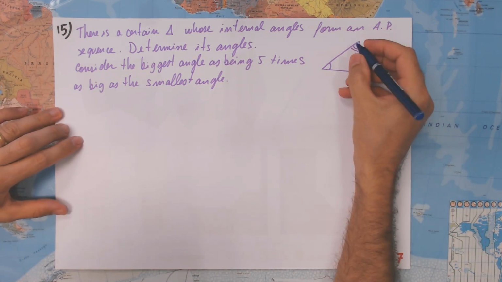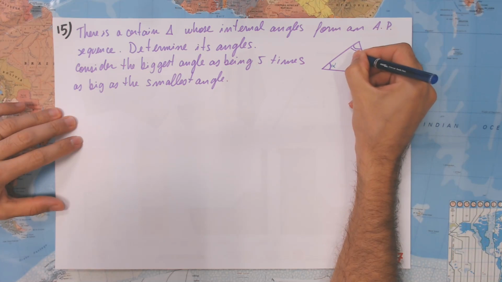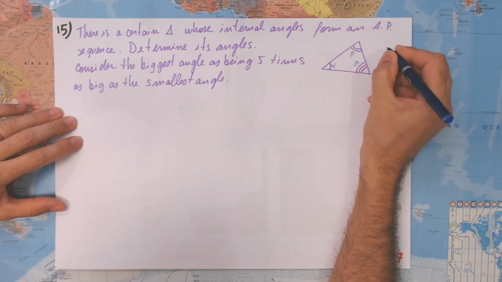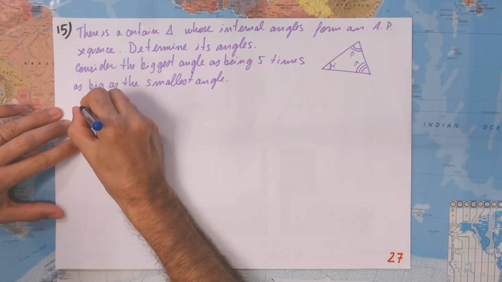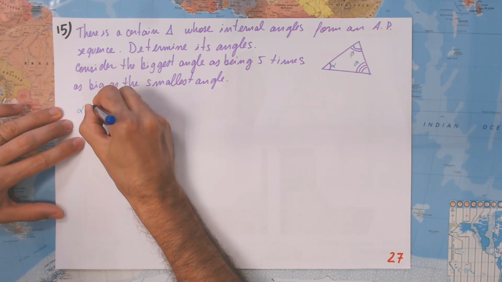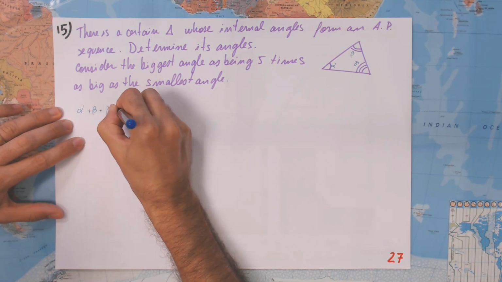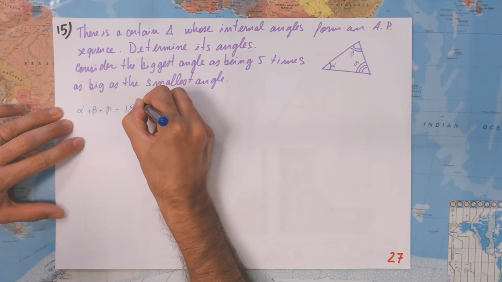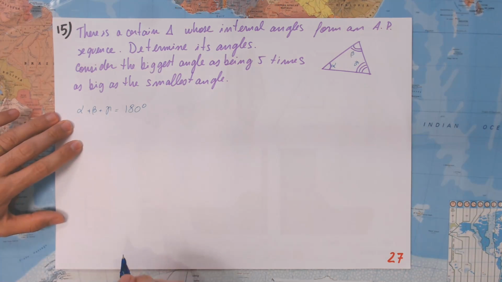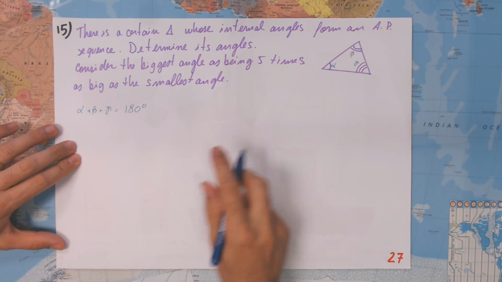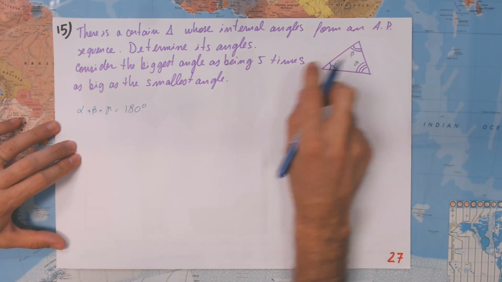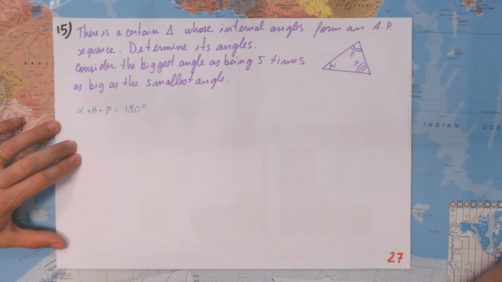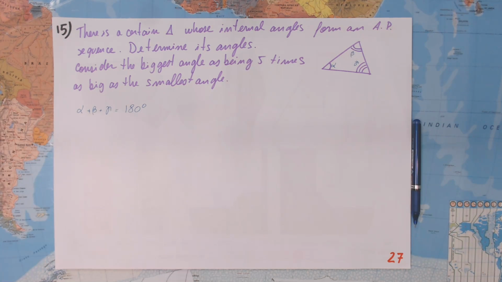Which is it? Well, let's say alpha, beta, gamma. Alpha plus beta plus gamma equals 180 degrees. This you should know, okay? The sum of the internal angles of a triangle is 180 degrees.